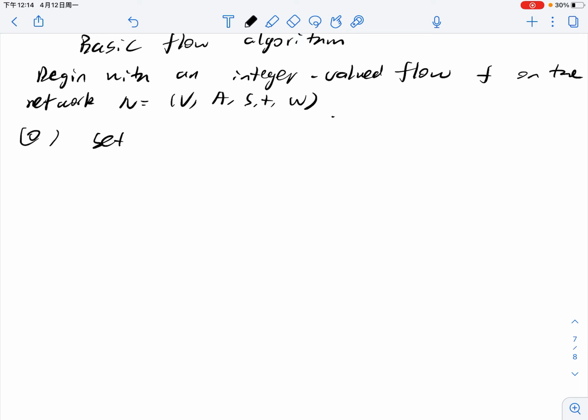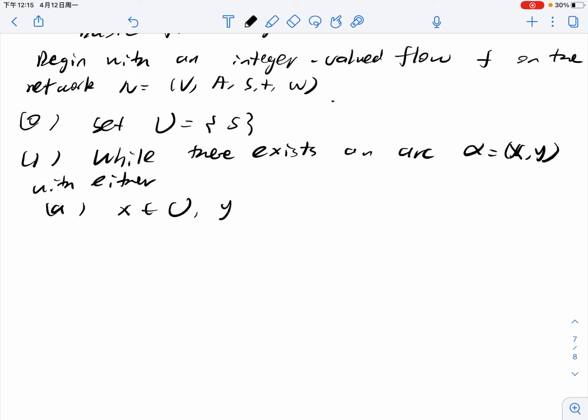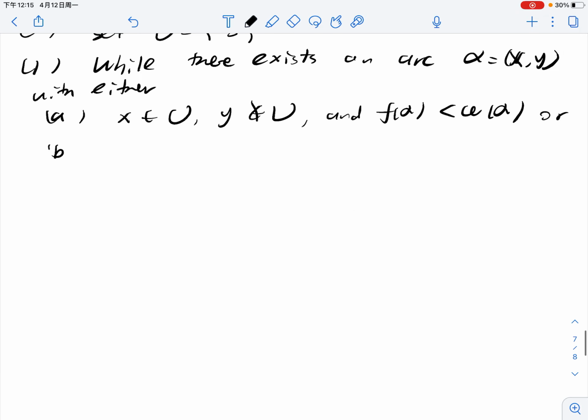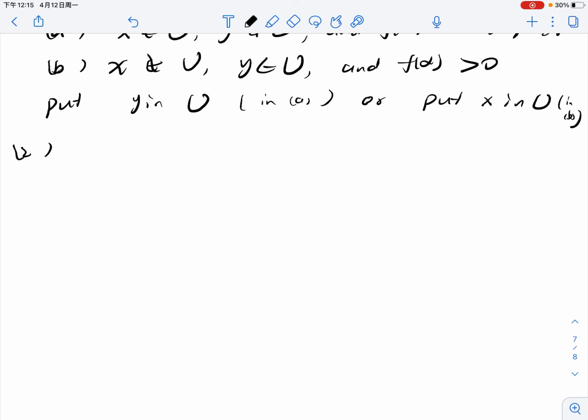Step 0, set U to be a set consisting of S. Step 1, while there exists an arc alpha equals xy with either A, x in U, y not in U, and f(alpha) less than omega(alpha), or B, x not in U, y in U, and f(alpha) greater than 0, put y in U in case A, or put x in U in case B. Output U.